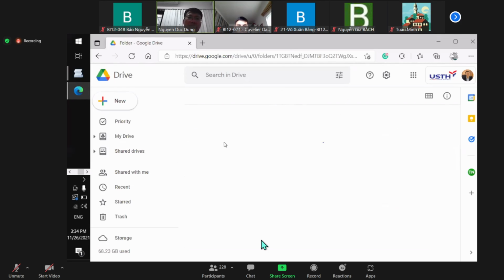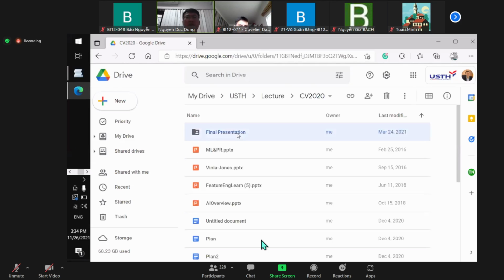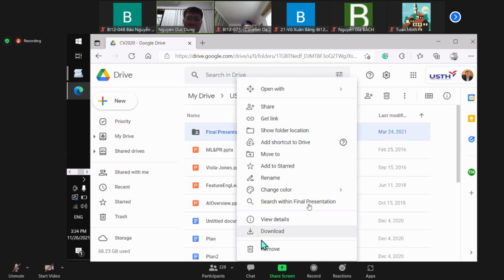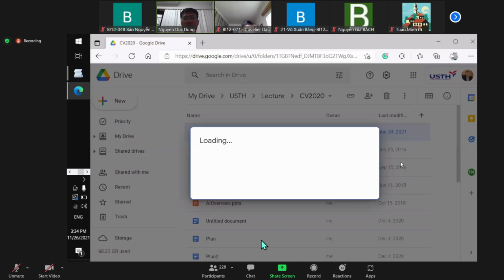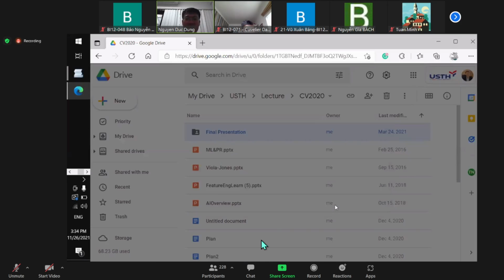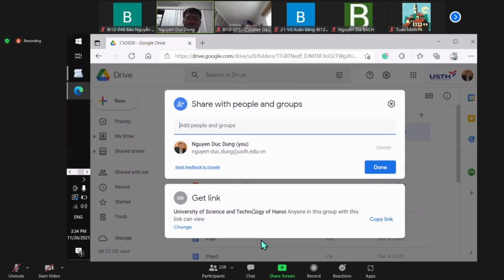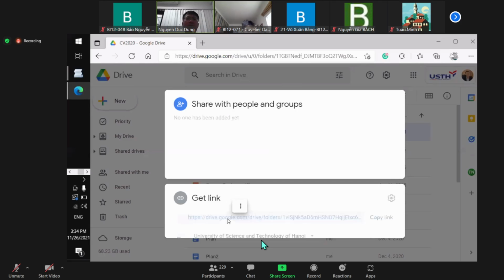So I share this folder, but the share option here is only for viewing the folder.